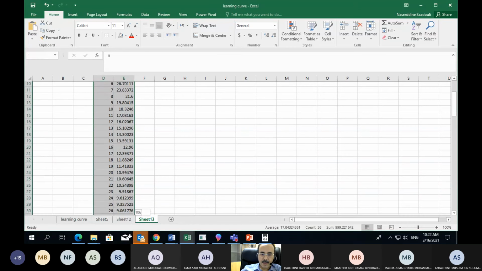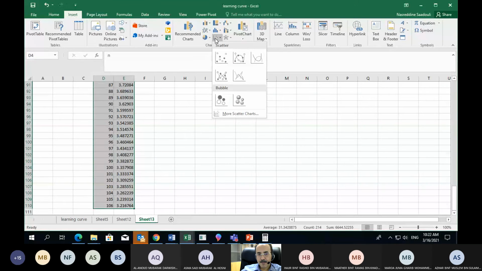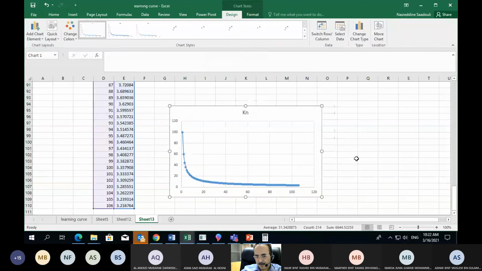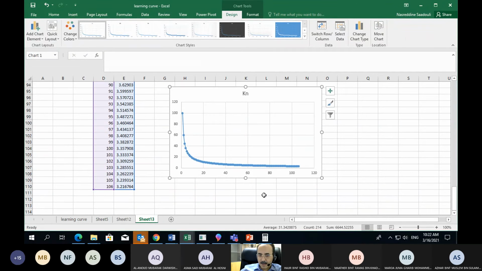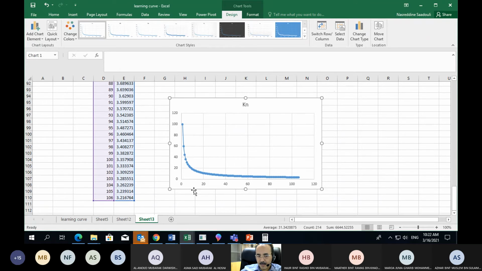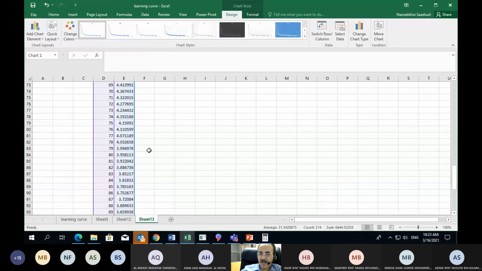We can actually plot this. Okay, it looks something like this. Now the question is, where does the learning stop? As we do this over and over, there will always be a minor reduction. But where do we start seeing that the reduction is becoming very minimal?